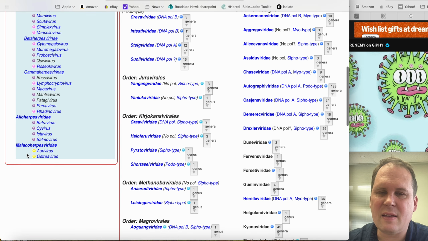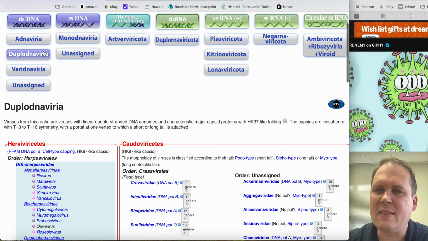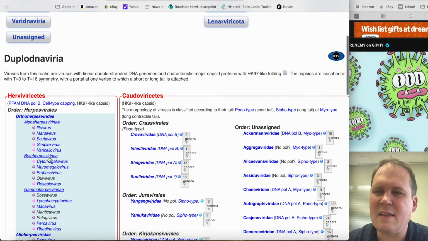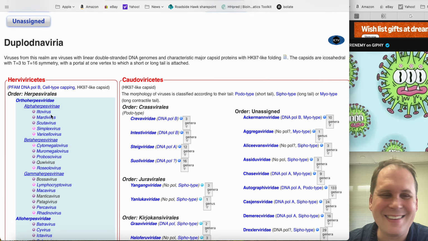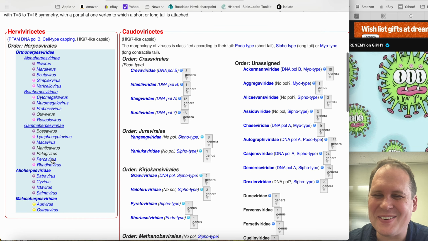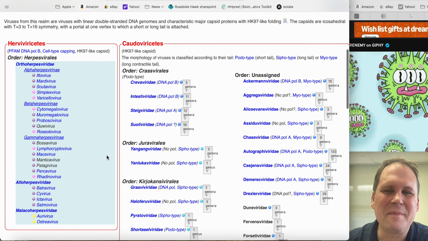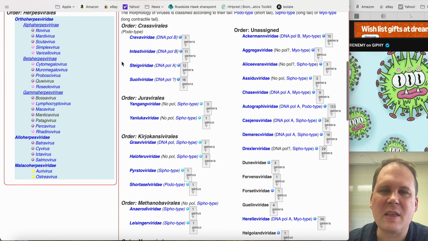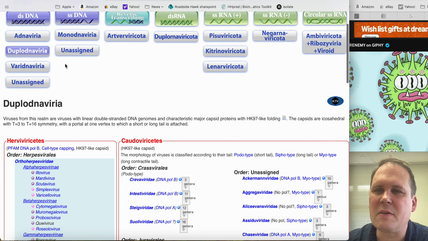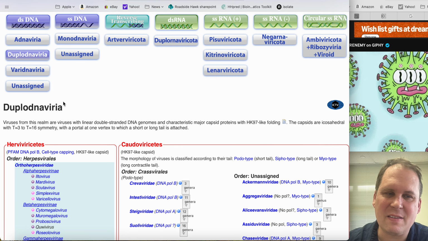So, all right, those are all the double-stranded DNA viruses. They include things like herpesviruses. You like herpes, don't you? There they are. Also these other crazy viruses that are over here. These are mostly bacteriophage, but there are so many different kinds of bacteriophage.